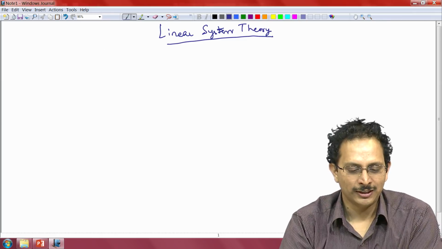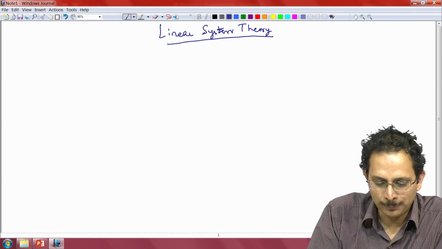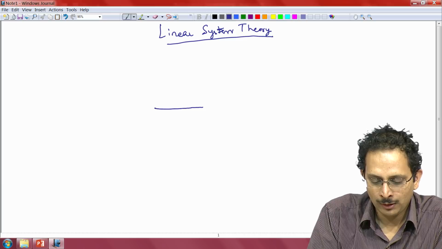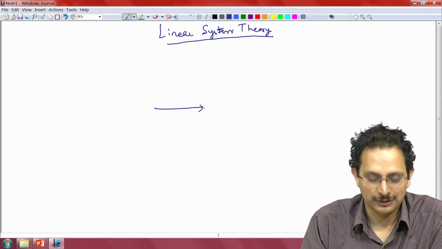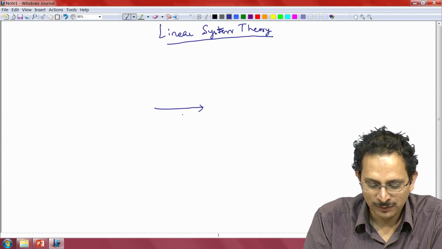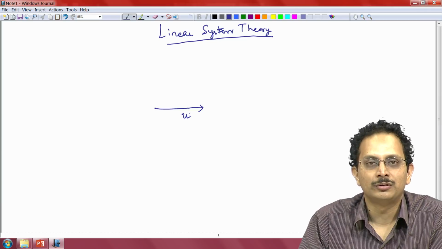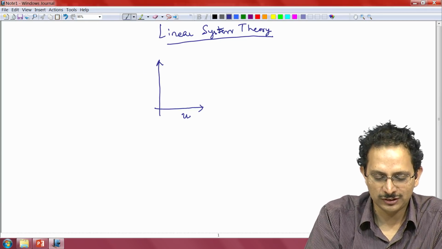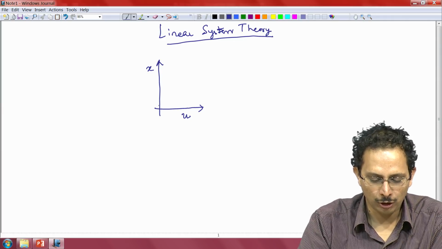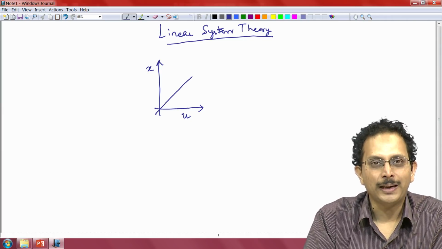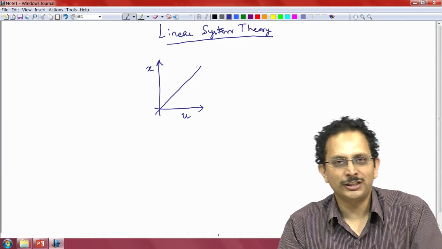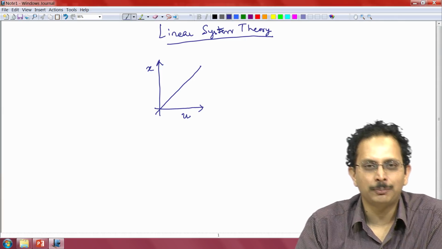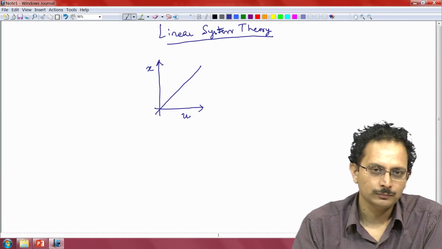In other words, if one were to graph the input output relationship, this uninitiated person might assume that when the input u to a system is changed, the output x of the system changes according to a straight line. Perhaps if he is too uninitiated, he might draw a straight line that passes exactly through the origin.